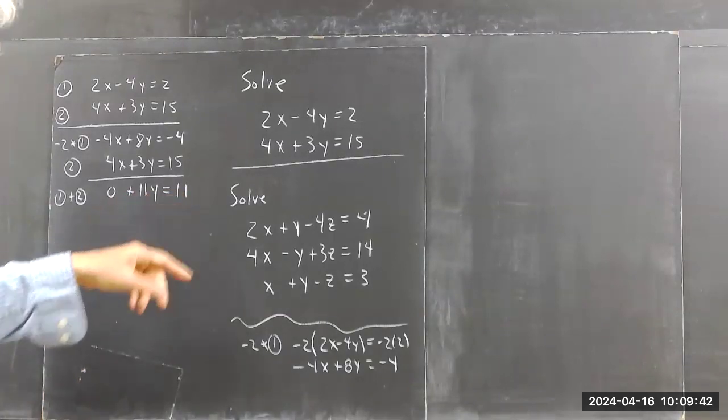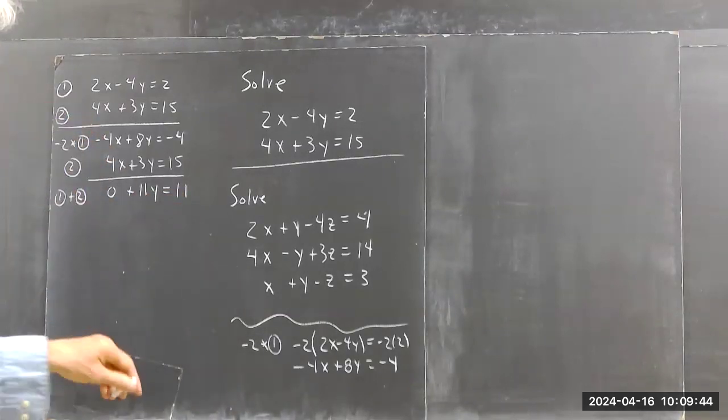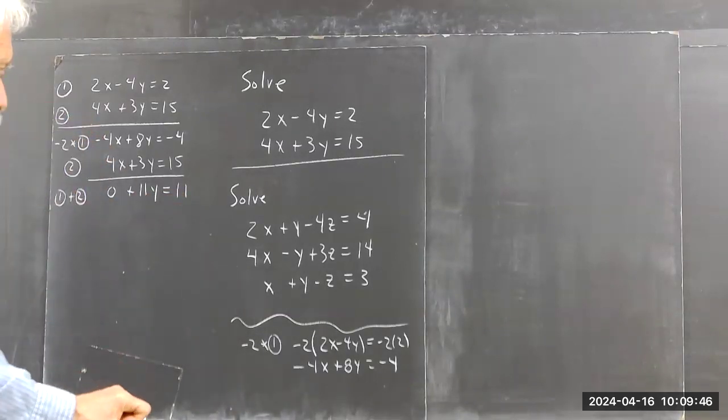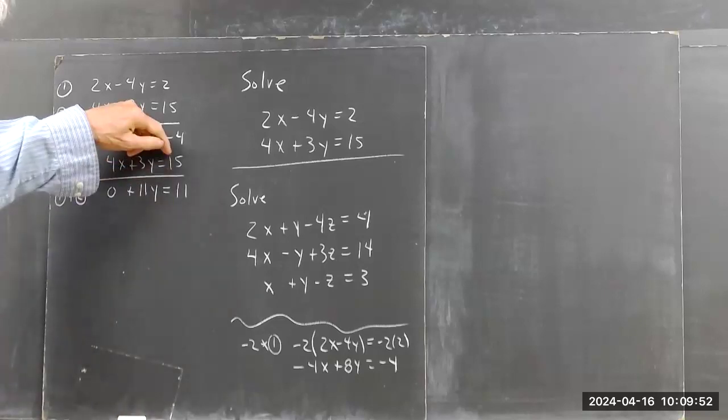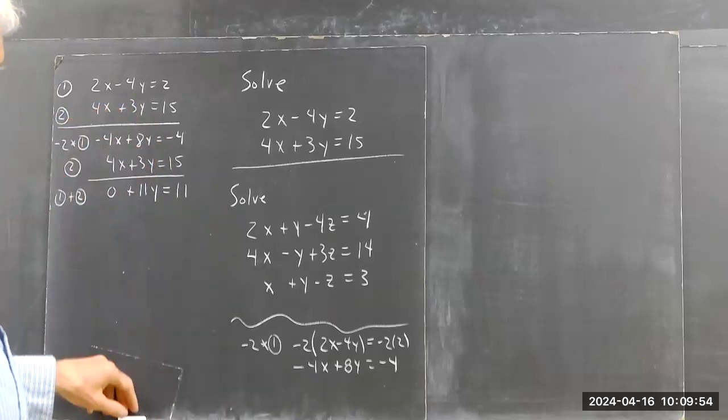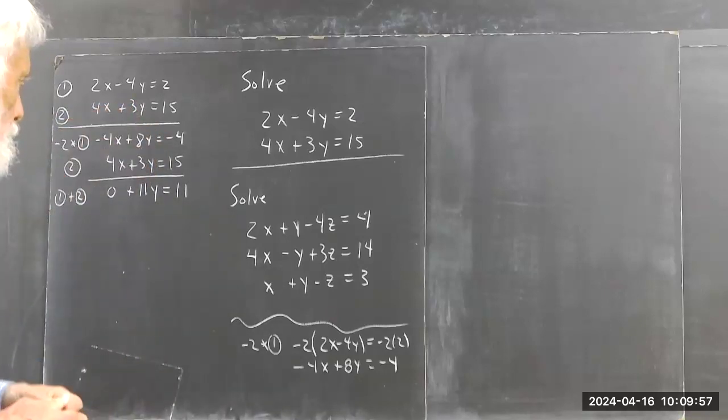So if you didn't get these numbers, and at least some people didn't get those numbers, and aside from maybe copying down that 15 as a negative, some people did that pretty well correctly. You get 0 plus 11y equals 11.